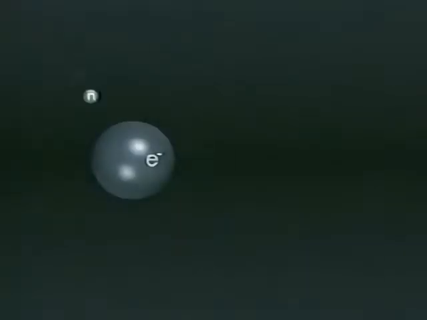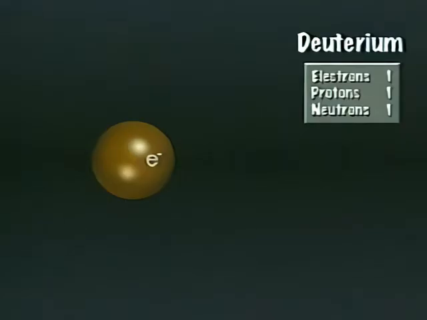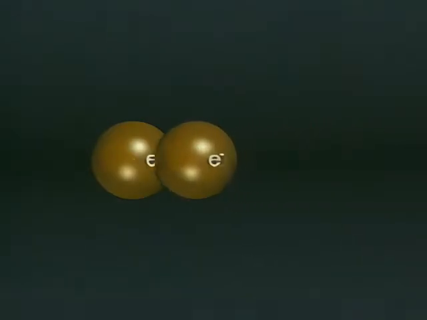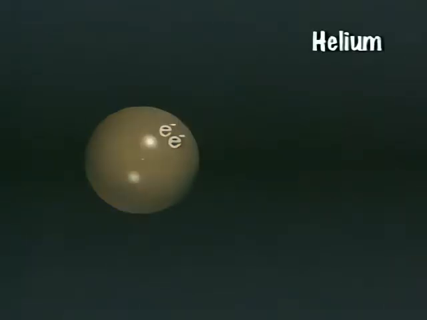The addition of one neutron forms heavy hydrogen called deuterium, which is quite rare. At times, two deuterium atoms can be forced together, such as in a hydrogen bomb, or on the sun. This forms helium.